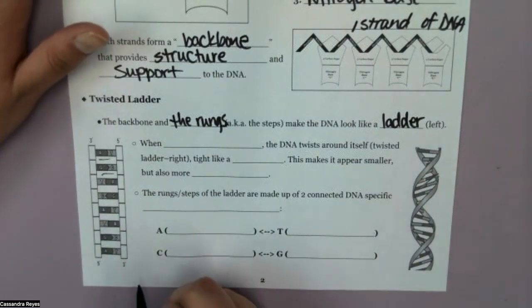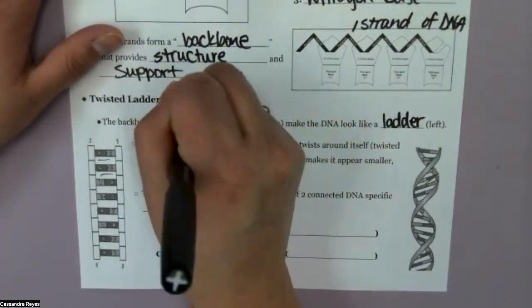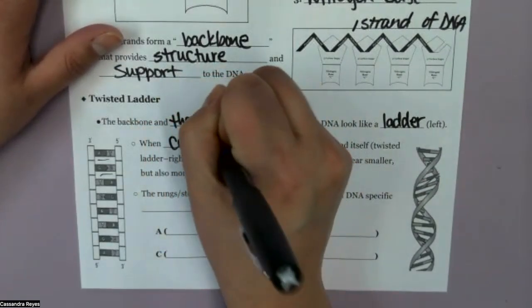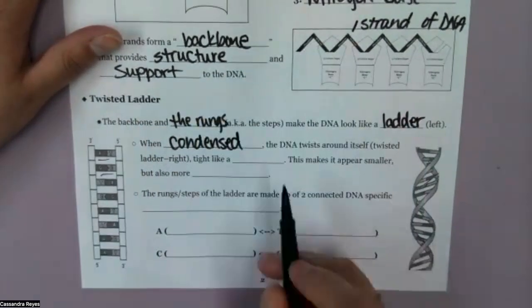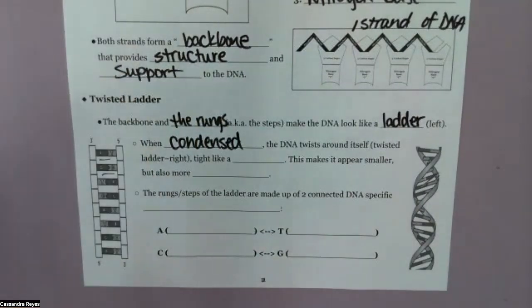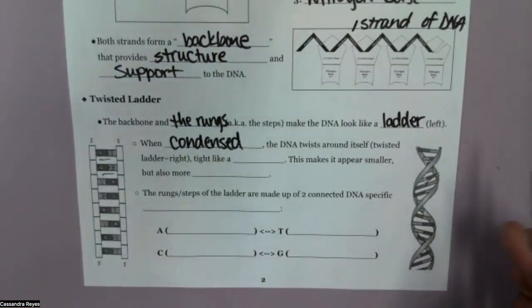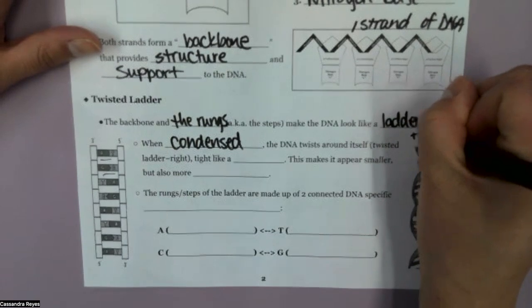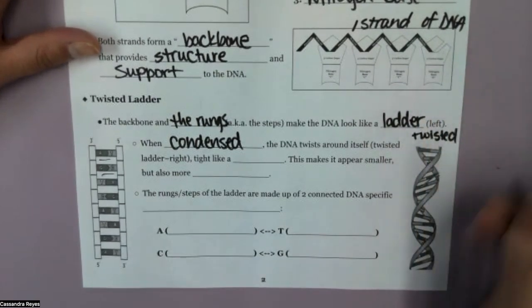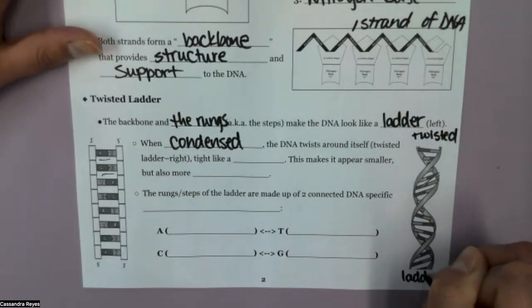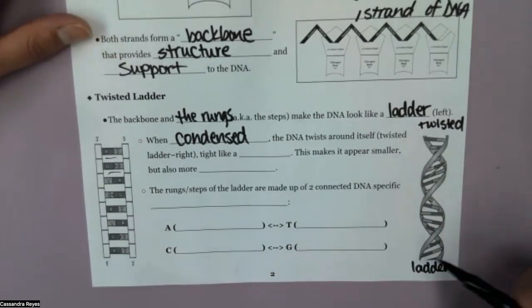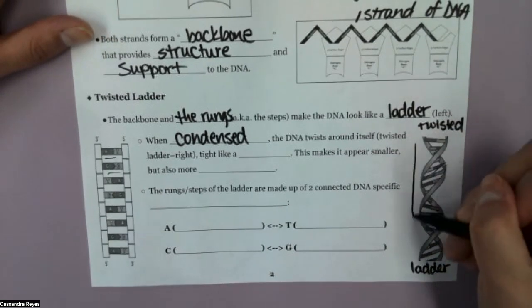So when condensed, the DNA is going to twist around itself, and it ends up looking like this twisted ladder structure right here.